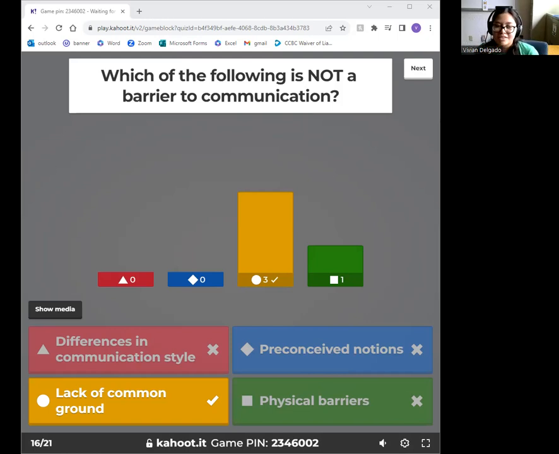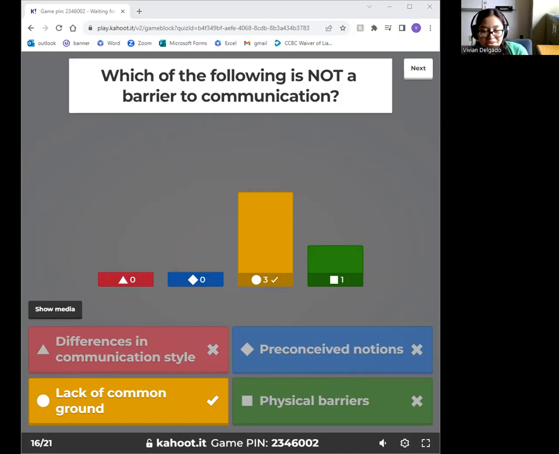If two people have preconceived notions about each other, they might not be willing to listen to what either of them has to say because you already have an idea in your mind of what the person is all about. And if there are physical barriers, like you're really far away or it's just really loud, it's going to be either difficult or impossible to communicate with each other.